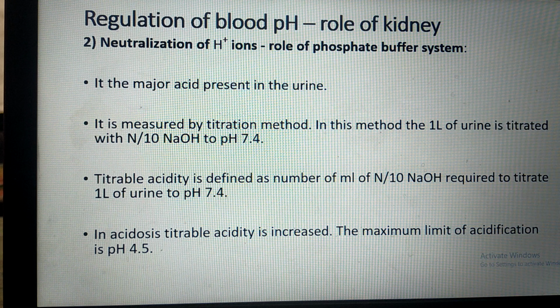So in acidosis, titrable acidity is increased. The maximum limit of acidification is a pH of 4.5. That I have already told you. The maximum pH that can fall is up to 4.5. Otherwise, the normal pH of urine is 6.